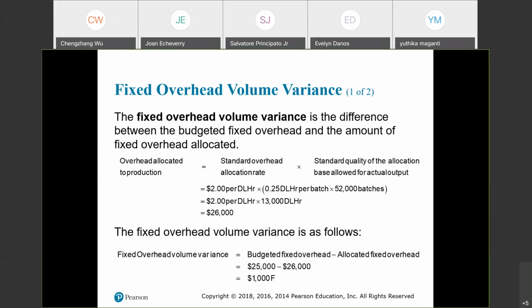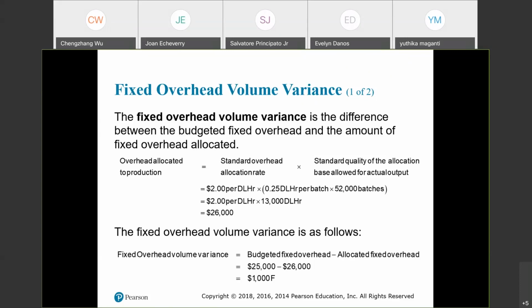It is the difference between budgeted fixed overhead and the amount of fixed overhead allocated to the batches of cranes. Using the standard overhead allocation rate for fixed overhead previously calculated, fixed overhead is allocated at $2 per direct labor hour, and each batch of cranes has an efficiency standard of 0.25 direct labor hour per batch.